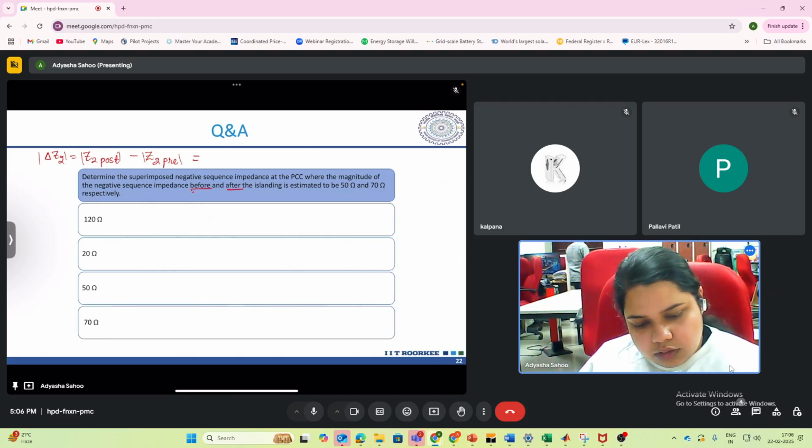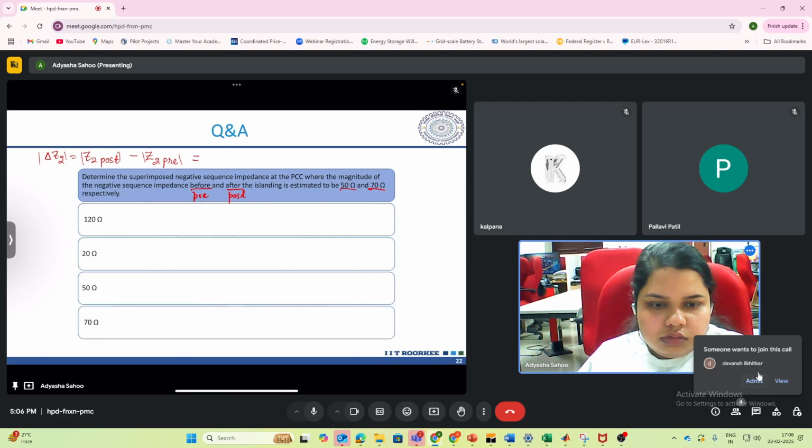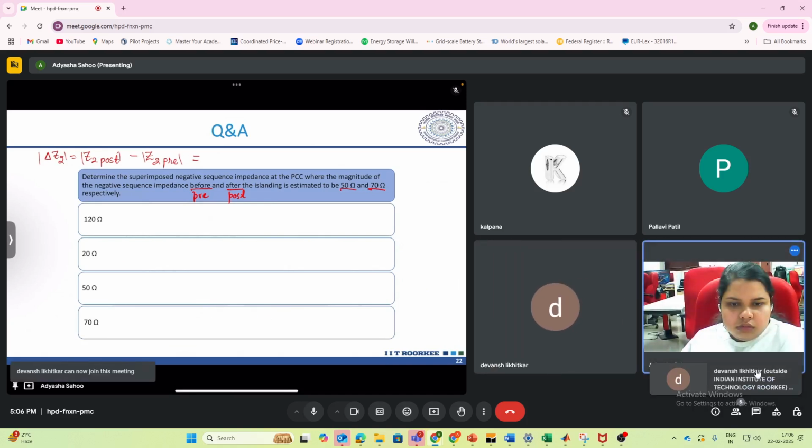Before, after: 50, 70. Can you tell me what will be the answer now? What will be the superimposed negative sequence impedance here?